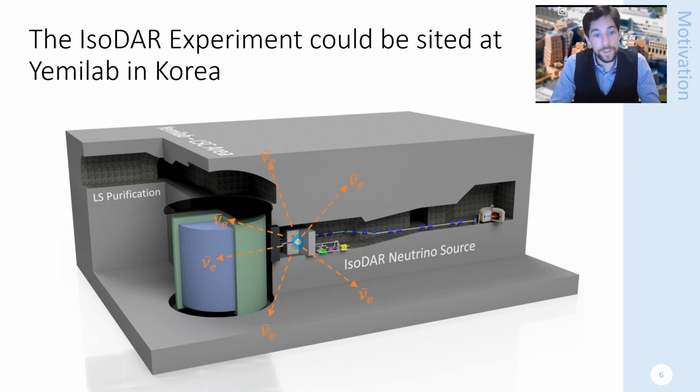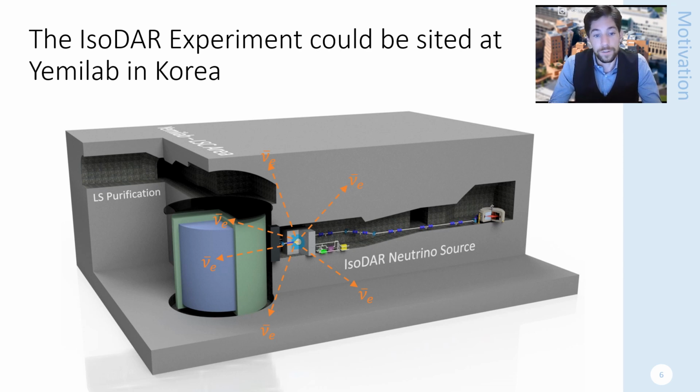The way we do this is by bringing our particle accelerator that produces a 10 milliampere proton beam into the underground facility where there is already a large liquid scintillator detector for neutrino measurements. We couple our particle accelerator with a neutrino production target and produce a very pure electron antineutrino source.